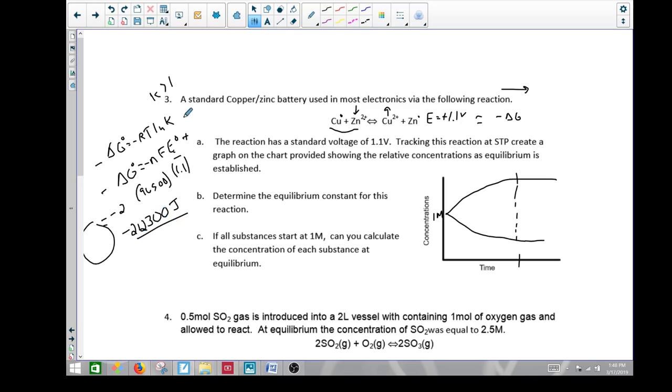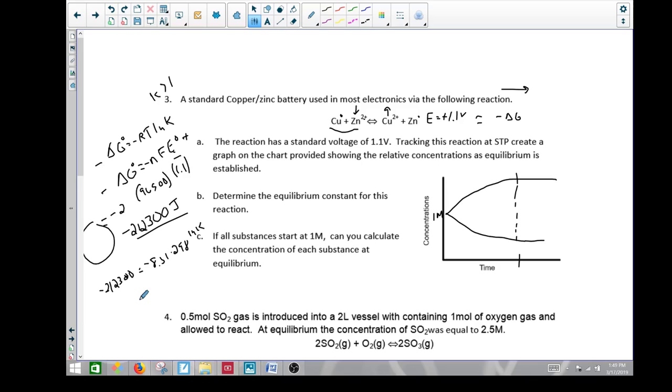So the next one, I'm going to plug into this. I'm going to put in the negative 212,300, which equals negative R. Now R, because I'm in joules, is 8.31, times 298, times the natural log of K. So multiply, divide out, and then inverse natural log.